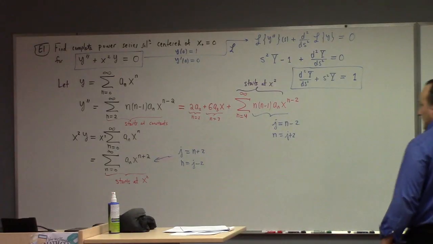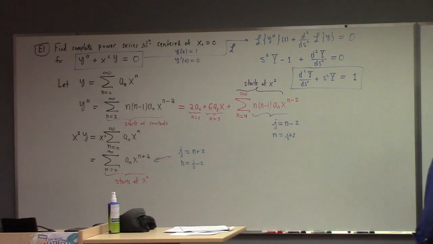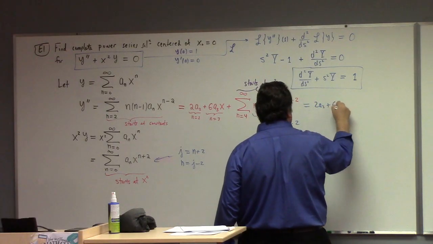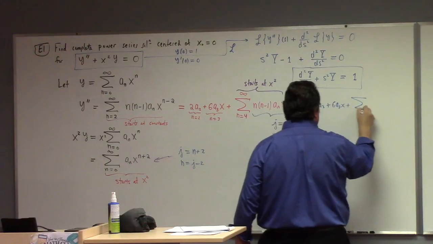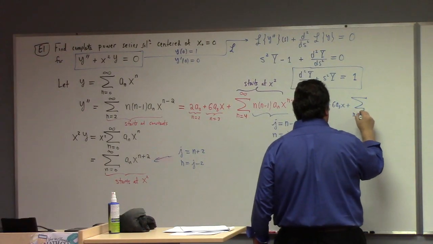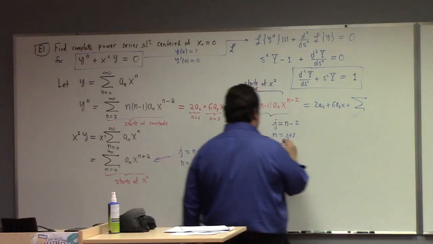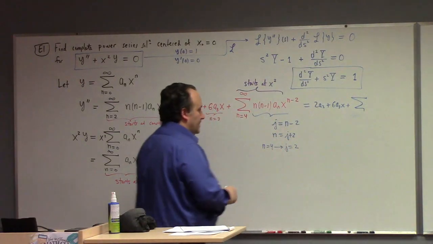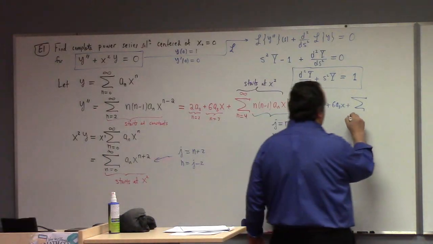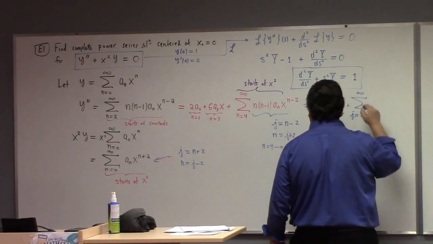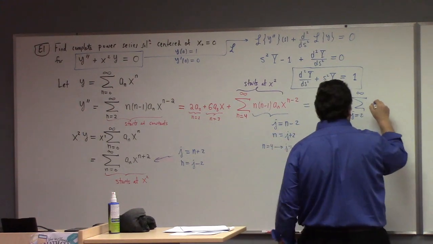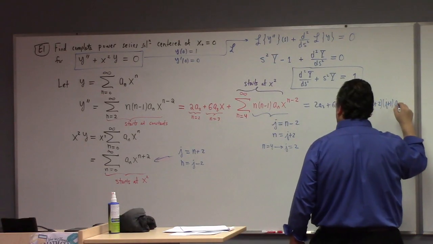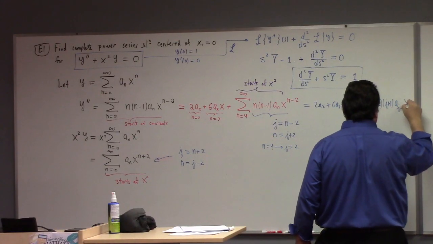So in view of that, I have my y prime prime. I'll write it out here. So that gives me 2a2 plus 6a3x plus the sum, n equals 4 was what? J equals 2 to infinity of n, which was j plus 2 times j plus 1 times a sub j plus 2 x to the power j.